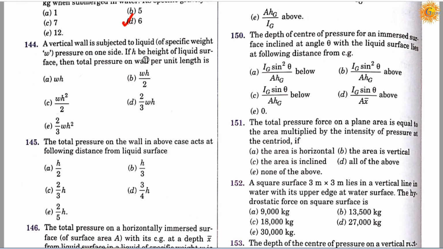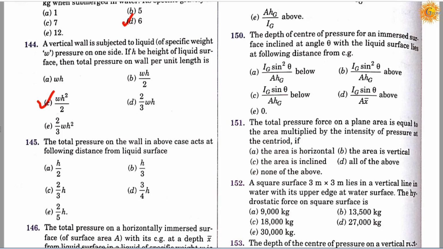If small h is the height of the liquid surface, then the total pressure on the wall per unit length is option A, WH, option B, WH upon 2, option C, WH square upon 2, option D, 2 upon 3 into WH, and option E, 2 upon 3 into WH square. So the correct answer is C, it will be W into H square upon 2.